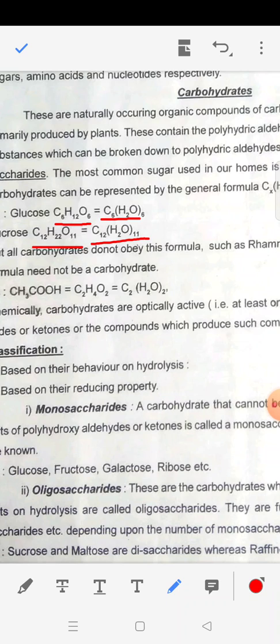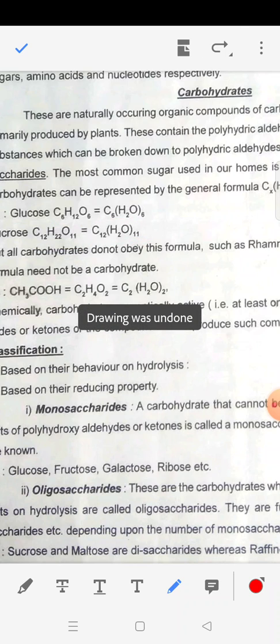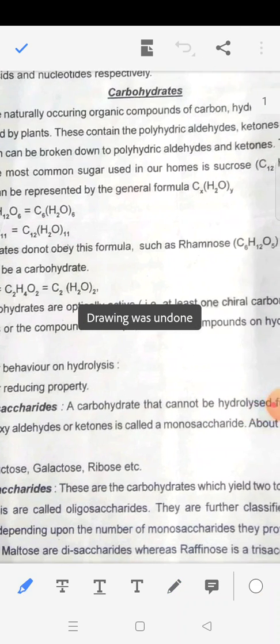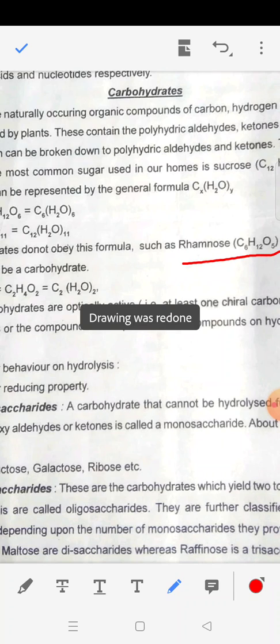That means these are obeying the general formula Cx(H2O)y. But there are certain carbohydrates which do not obey this formula, and one such example is rhamnose.